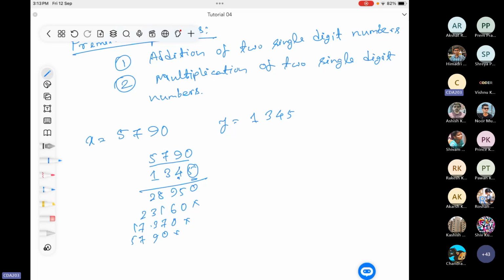So this is what we have done in our school days, right? This is the algorithm. At each step, what we are doing? We are taking a digit and we multiply it with every single digit of the other number, right?